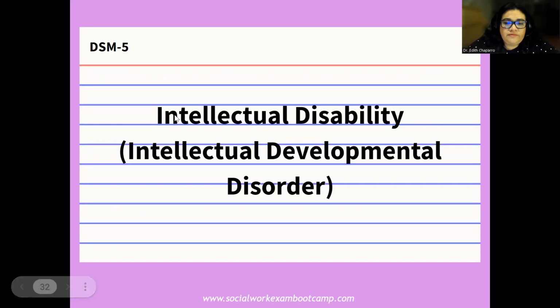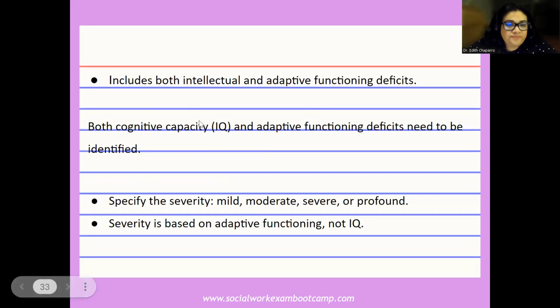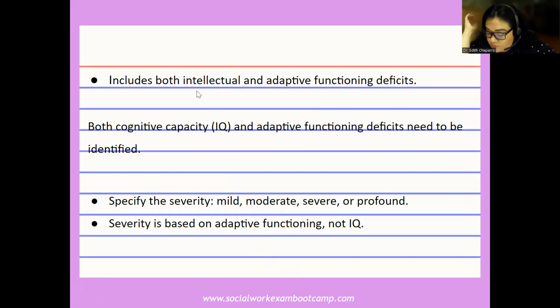All right, so this is one side of your flashcard. And you might ask yourself, what is intellectual disability, or how do I diagnose it? For that, you can write down all of this information. If you need time, you could pause it, but I'll take my time either way. It includes both intellectual and adaptive functioning deficits. In other words, you would need both.